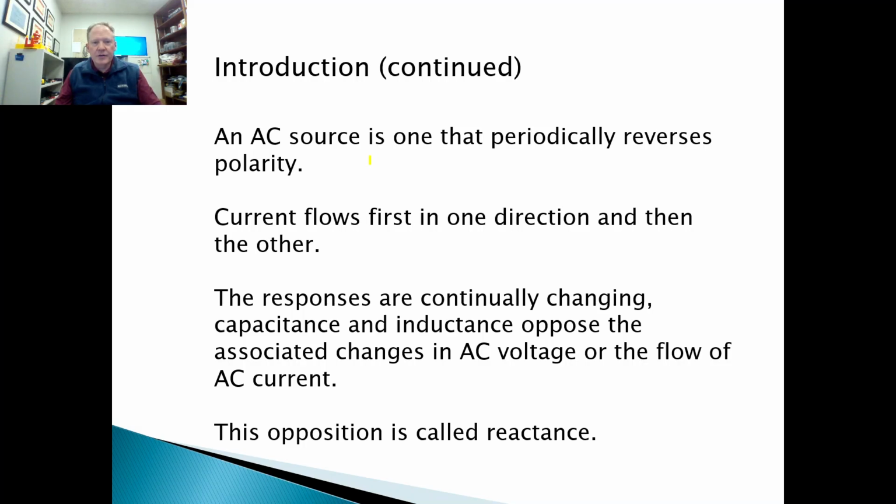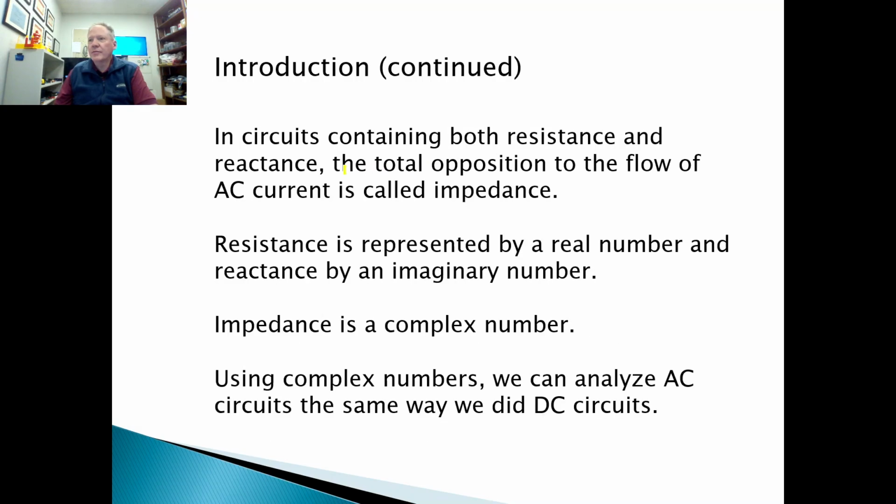And the resistance to that change is known as the reactance, right? We have the XL, which is the inductive reactance, or XC, which is the capacitive reactance. All right. So in a circuit that has both resistance and reactance, the total opposition is known as impedance, or Z. And remember, Z equals the R plus the X. And it's a complex number.